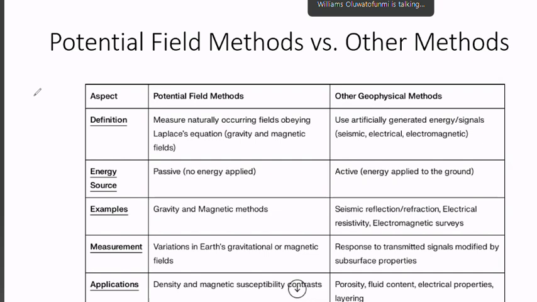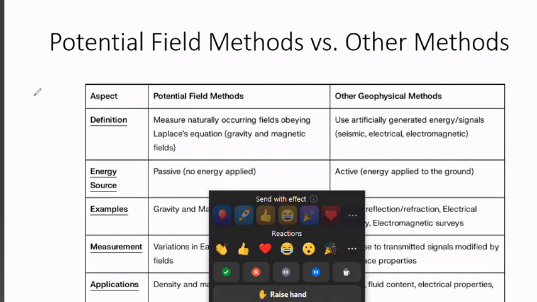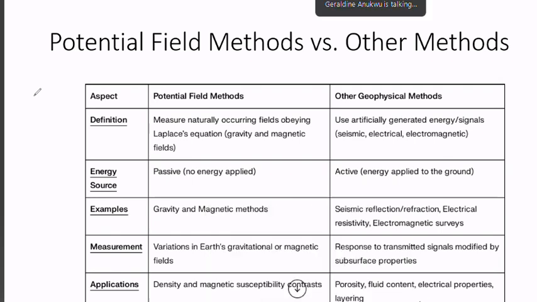The difference between potential field methods in geophysics and other geophysical methods is that potential field methods are naturally occurring, while geophysical methods are artificially generated energy. Williams, potential field methods, not geophysical methods. Yes or no? Yes, ma'am.